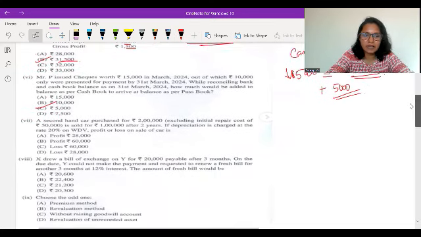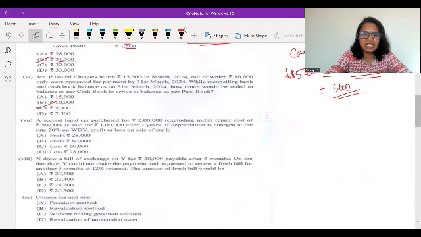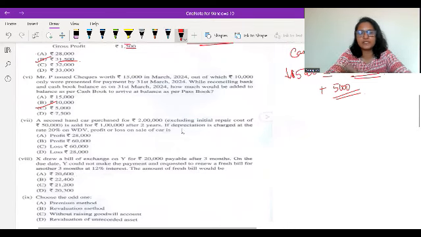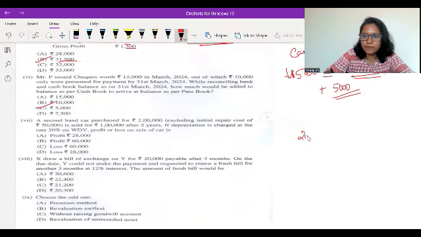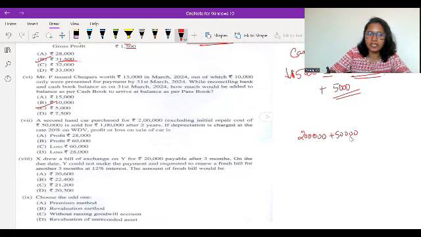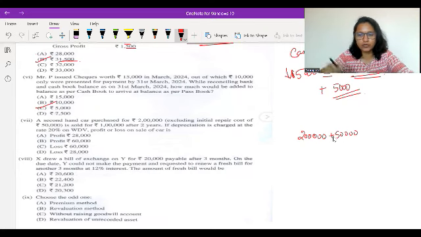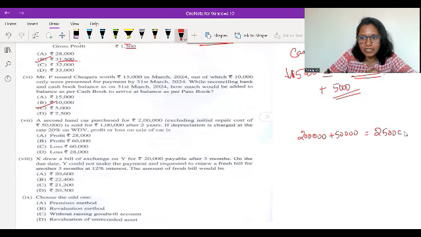A second-hand car, that's the seventh question. A second-hand car is purchased for 2 lakh, and there is an additional expense, that is repair cost, also incurred. Whatever is the initial cost incurred in acquiring an asset and putting it to use, that we will be capitalizing. So my capitalized value is 2,50,000.